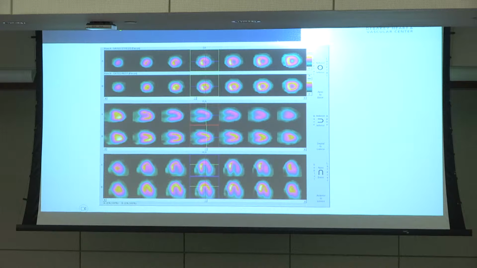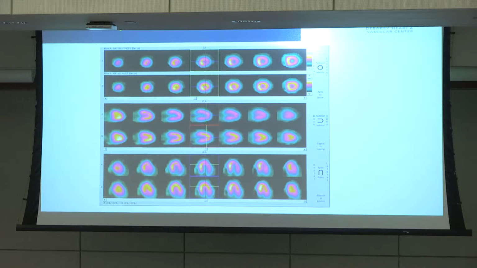In this case, you see that the anterolateral wall has less uptake compared to the rest imaging and compared to the other segments that you see on stress imaging, which actually confirms that this is an abnormal study.